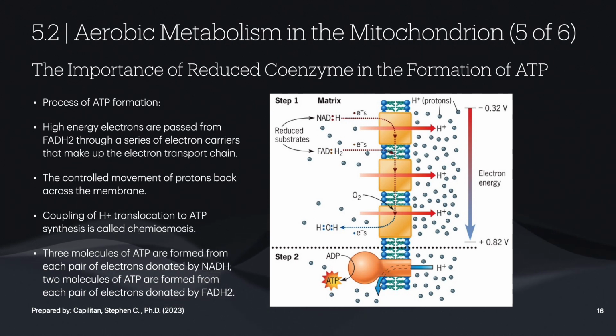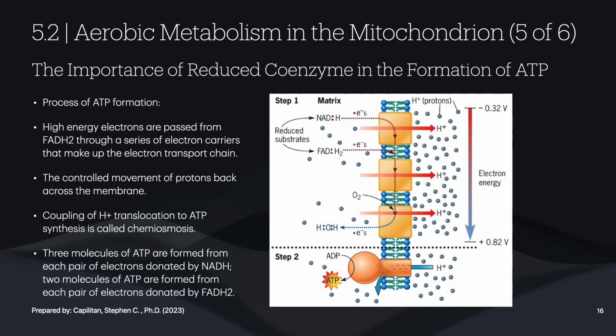These are controlled movements of protons back across the membrane. So you see here the reduced substrates and the passing of hydrogen protons through the membrane, and on your right, the electron energy measured in volts.